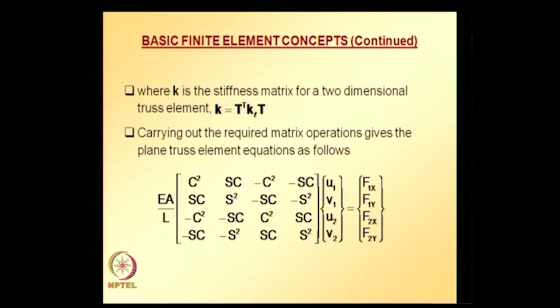Carrying out the required matrix operations, we get the equation system for the plane truss element in this manner. So once we know the spatial coordinates of the ends of a plane truss element, and the material properties and geometric properties, we can easily assemble the element equations for a truss element using this equation system.